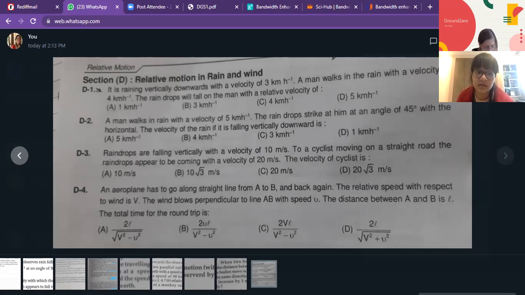Next one. (10√3). Option B. Yeah, next one.